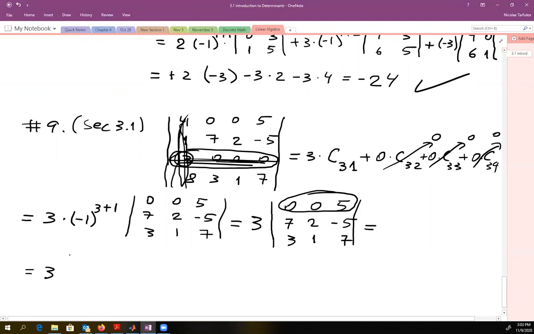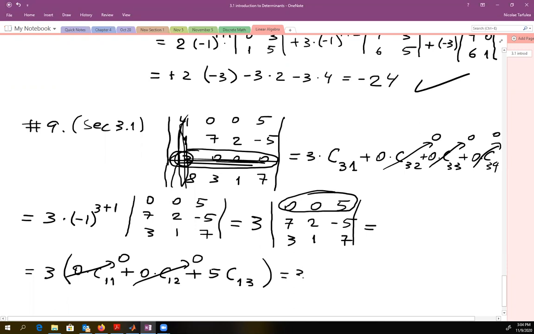So if I use row 1, this is 0 times C11. I don't care about C11 because it's multiplied by 0, plus 0 times C12, again easy, it's out, plus now 5 times C13. This one is not 0.